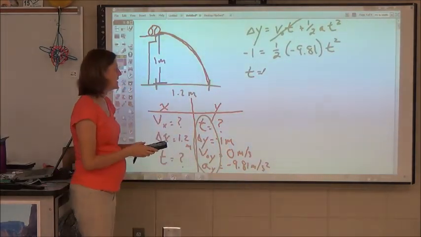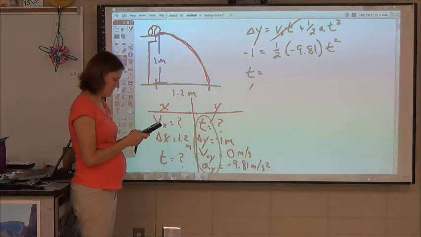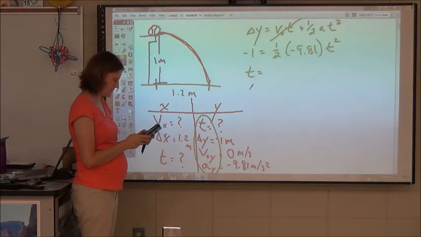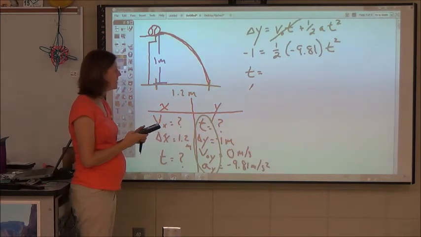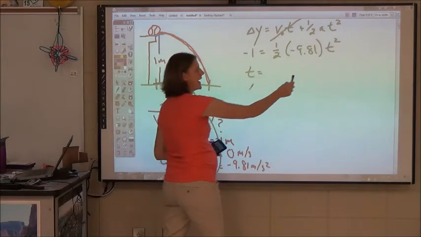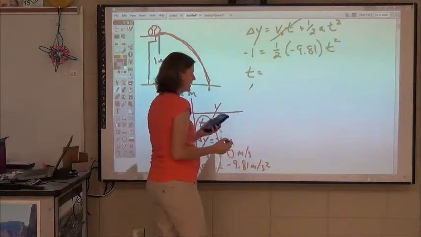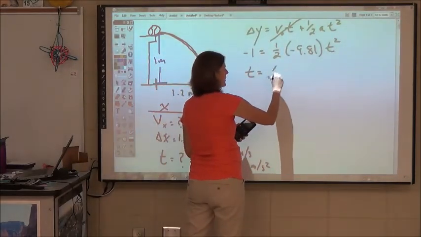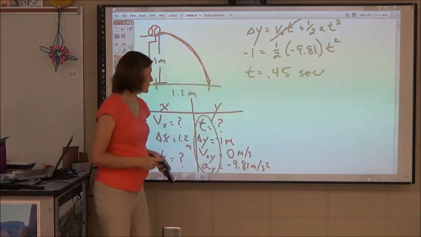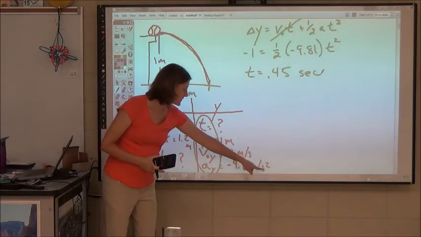And then just solve for time. Don't forget your last step is going to be a square root to get that time by itself. You should get 0.45, which based off the units I already started with has got to be seconds for time.